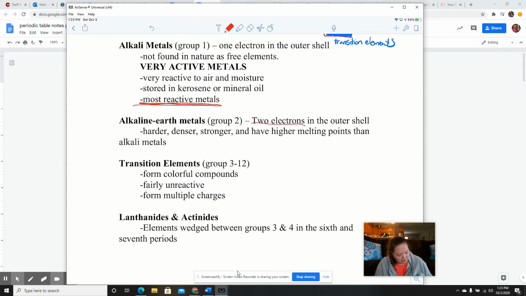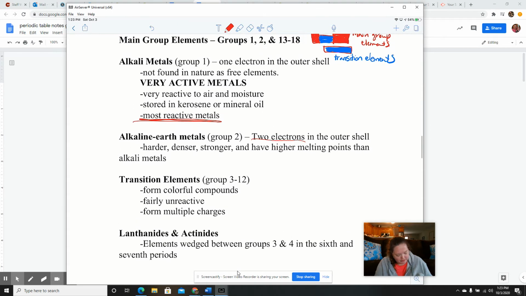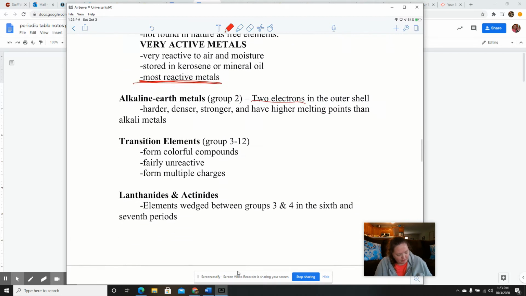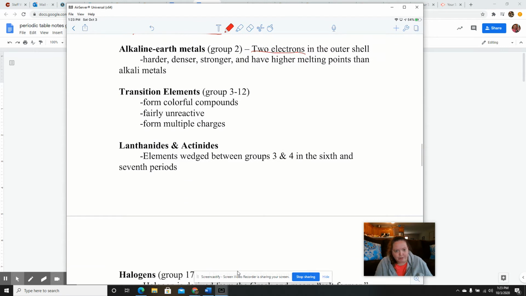Then we move into the transition elements, and those are the ones that I just showed you at the top, that middle section. They form very colorful compounds. They're pretty unreactive, and the big thing that's unique with them is that they form multiple charges. Sometimes they're a +1, sometimes they're a +2.